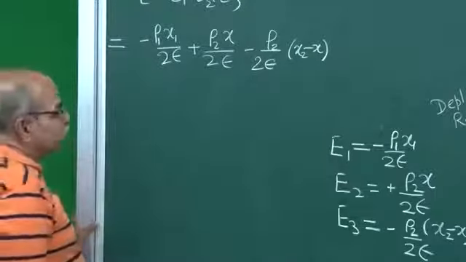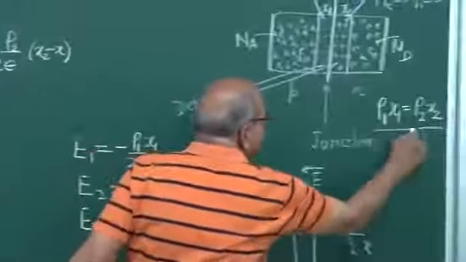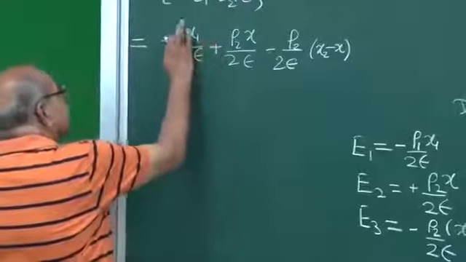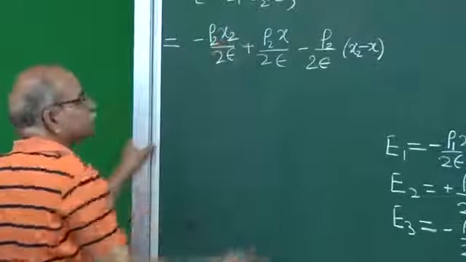And this rho 1 x1 I can write as rho 2 x2 from here. So I can just replace it here itself. This is rho 2 and this is x2.